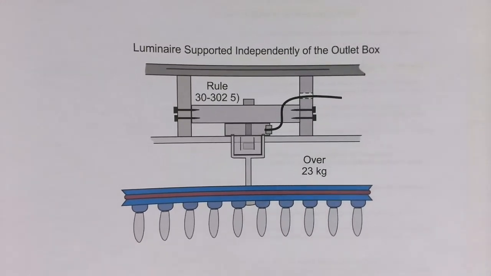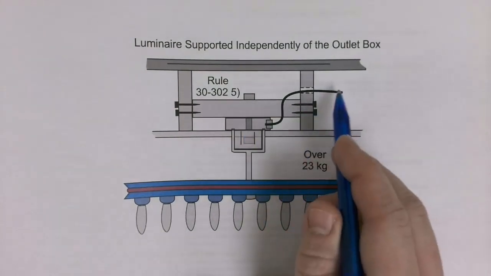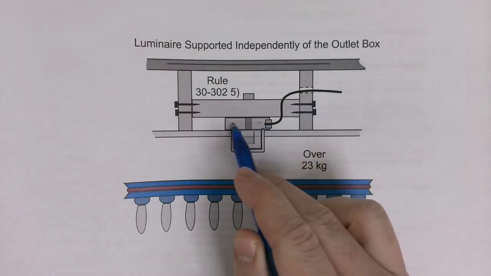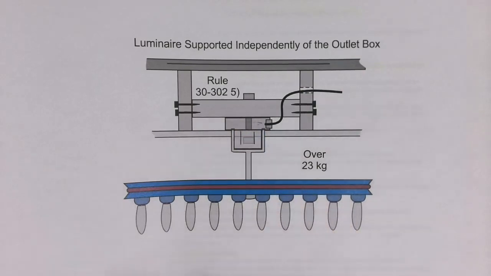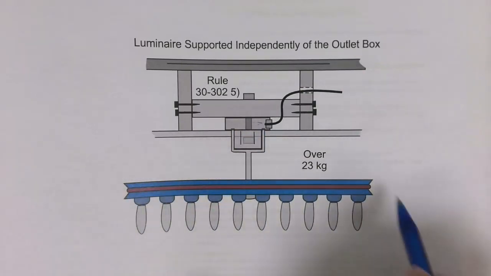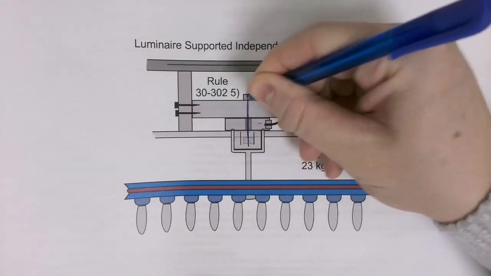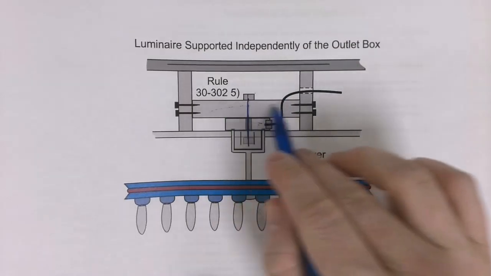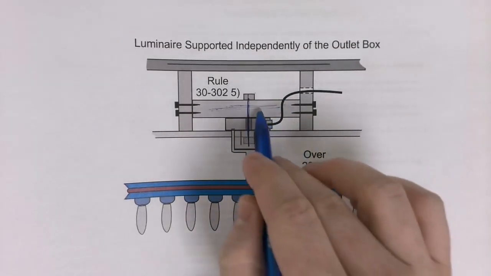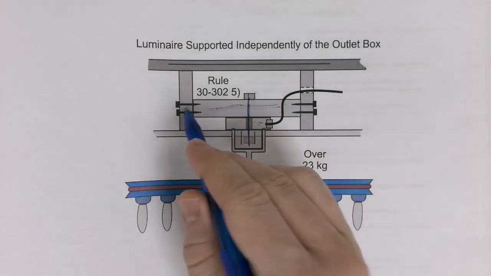So in this example, this light still has wires. The cable comes into the junction box up here, and the wires for the luminaire are going to be spliced in here. But the fixture itself, this whole luminaire, is supported by this post running through, and it's attached to possibly a wood stud or maybe a metal piece of structural support, which is attached to the building.